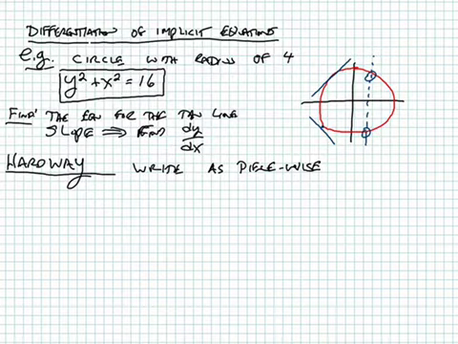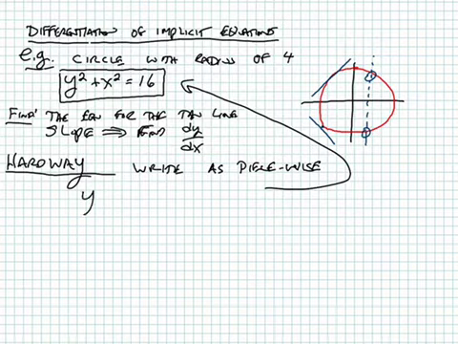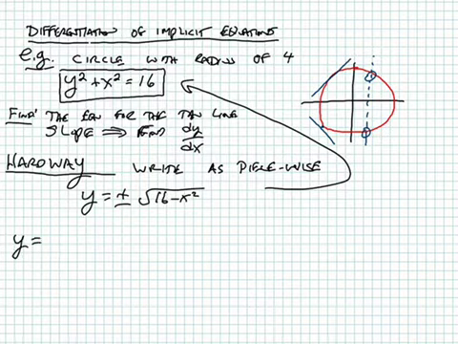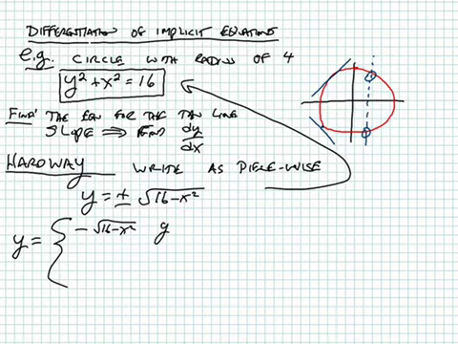But if I go back up here, look at this equation for a circle and solve for y, I get y is equal to plus or minus the square root of 16 minus x squared. So I can write this as a piecewise function. Each piece is a function by itself. I've got y is equal to minus the square root of 16 minus x squared, and that's for y less than or equal to 0.